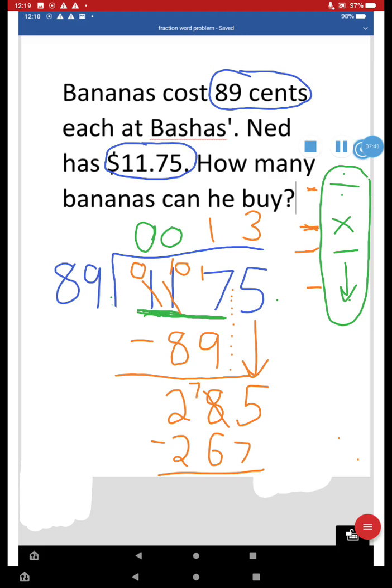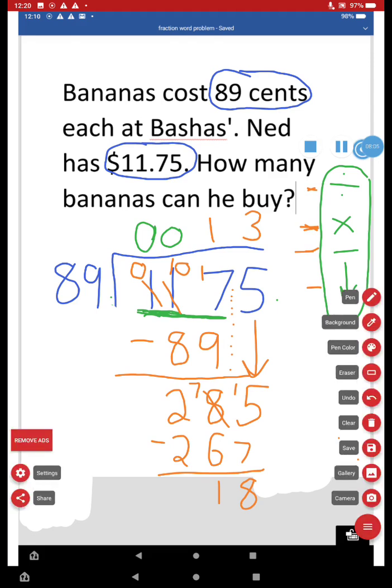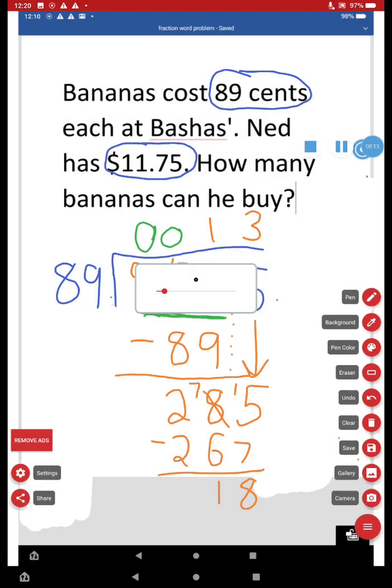Borrow. 8 becomes a 7. 5 becomes a 15. 15 take away 7 is 8. 7 take away 6 is 1. 2 take away 2 is 0. All right, well, I have a remainder 18, okay? So I'm going to erase my little reminder note over here. I'm going to write in a different color, remainder 18. But I'm not done yet.